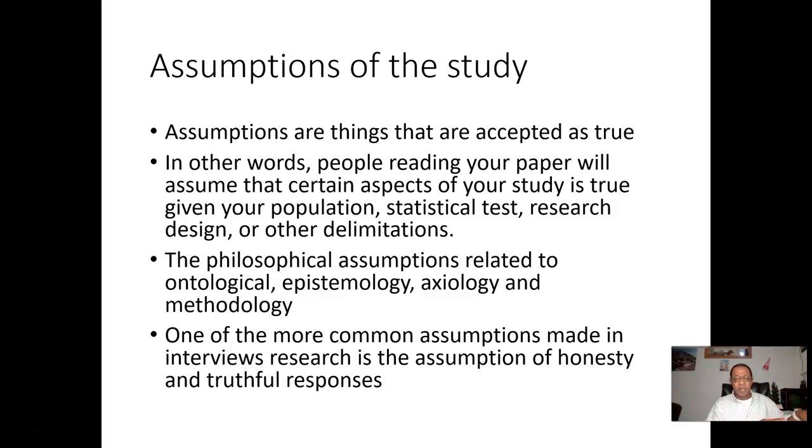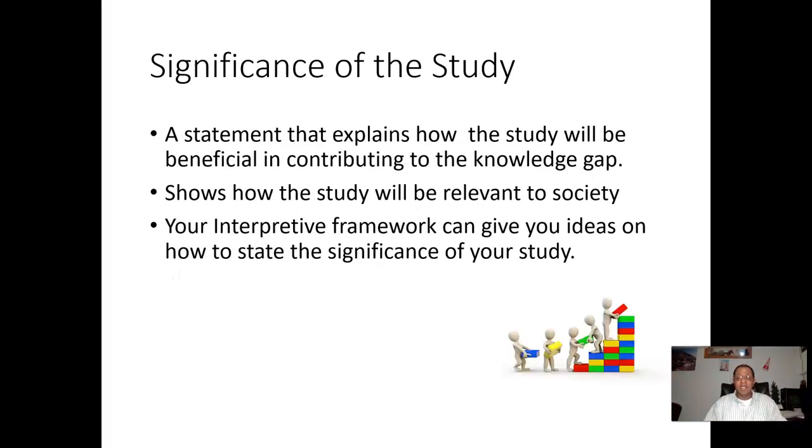Go back to your paper from last week, copy and paste that section. But in the introductory part, just add a statement. The following assumptions are made in relation to my study. Number 1, 2, and 3 or 4. That's it. After that, significance of the study. This is different from rationale.